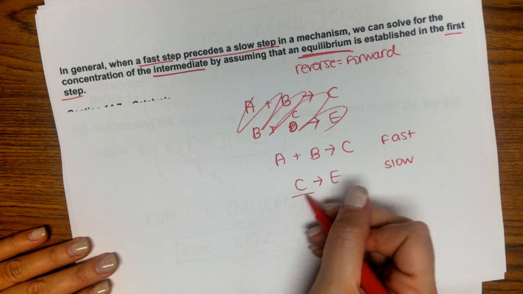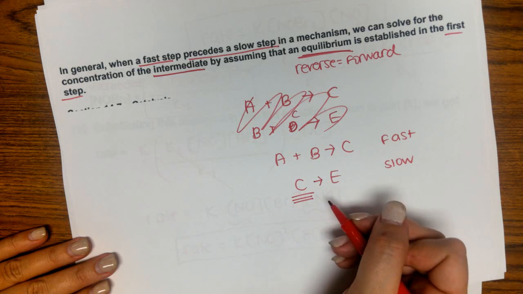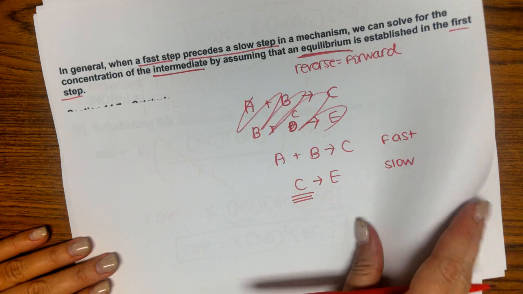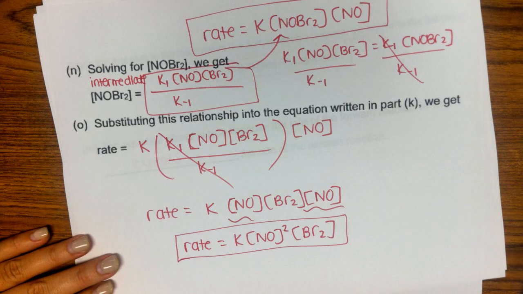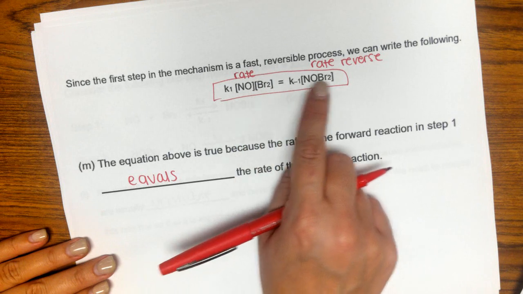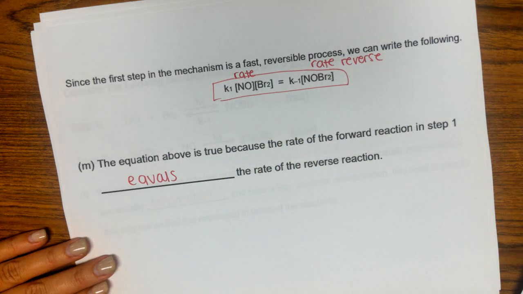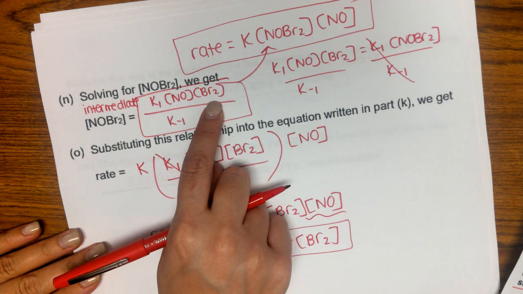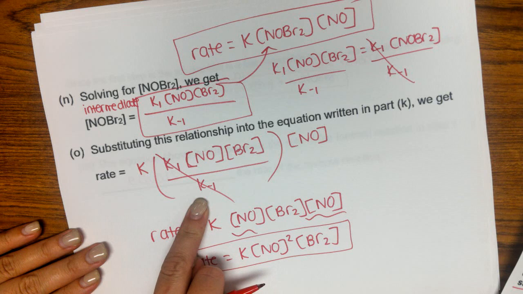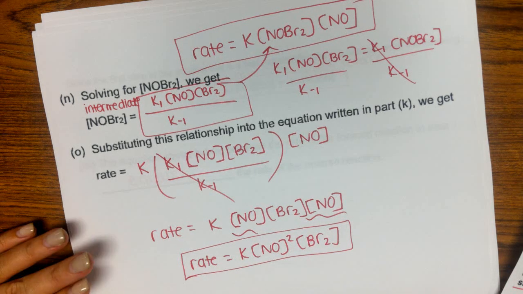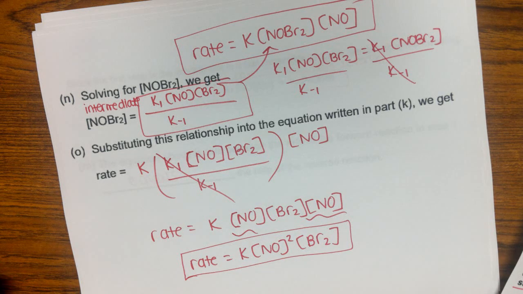My slow would come off of this, but I can't have this be my rate law. And so that's where you would do what we just did. And again, what did we do? We assumed, because it was a fast reaction, that the forward equals the reverse reaction, and then we solved for our intermediate and got what the intermediate can equal, and then we substituted it into this equation. You can't assume that these K's are the same numbers because it's the same reaction. Scratch those out and then solve for your final answer.